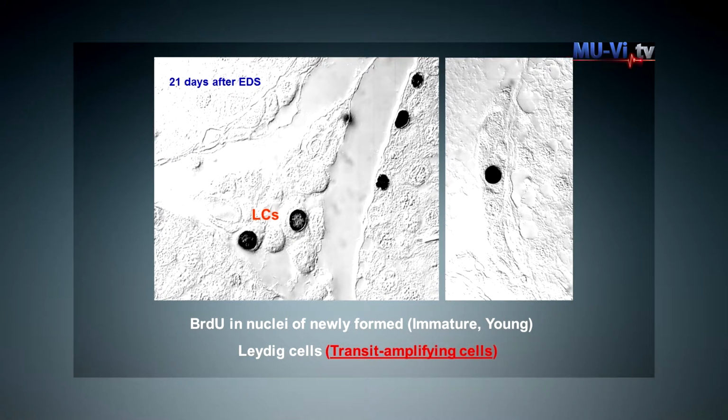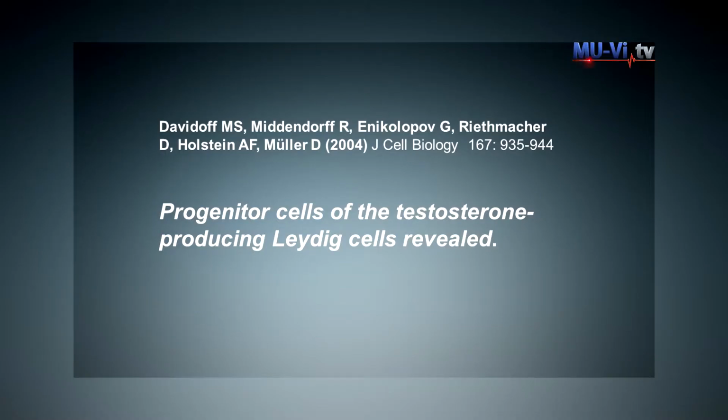Some of the transient amplifying cells divide further, and they then reach the end state of the number of the Leydig cells. We were then able in 2004 to publish these results, and we termed that we have found who the Leydig cell progenitors are.